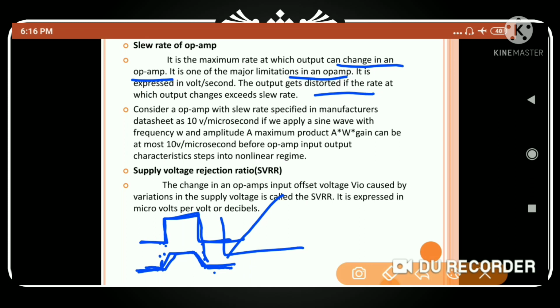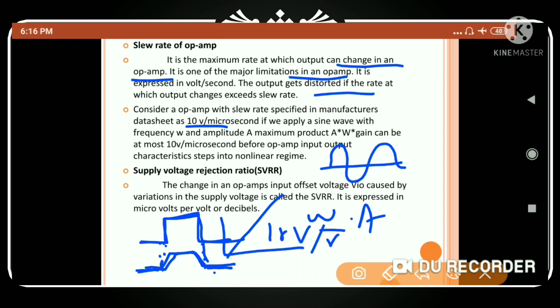Consider an op-amp with a slew rate specified in the manufacturer's data sheet as 10 volt per microsecond. If you apply a sine wave with frequency omega and amplitude A, the maximum product, omega times A, can be at most 10 volt per microsecond.